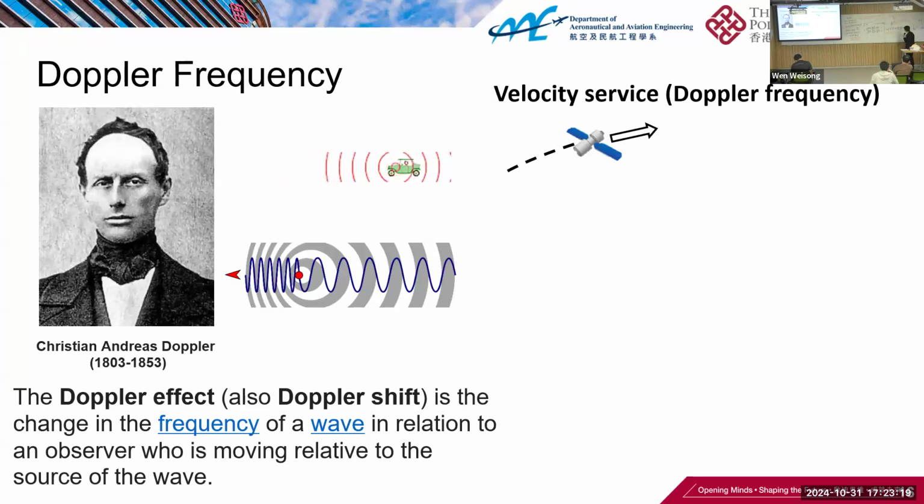As we mentioned, for this equation the only unknown is the receiver's velocity, right? So you can define a new function of Vx receiver, Vy receiver, Vz receiver, and also the delta R dot.